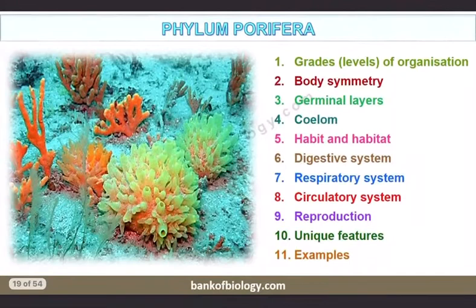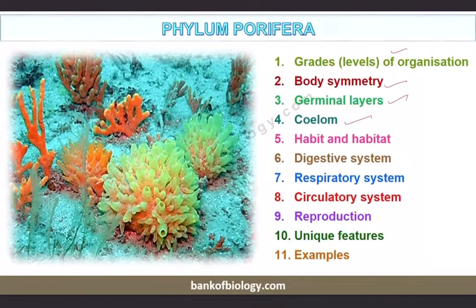In this phylum PORIFERA, you must remember at least two animals as examples: Cycon, or Spongilla, that is freshwater sponge, and Euspongia, what is commonly called bath sponge.